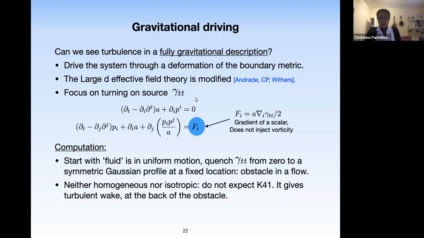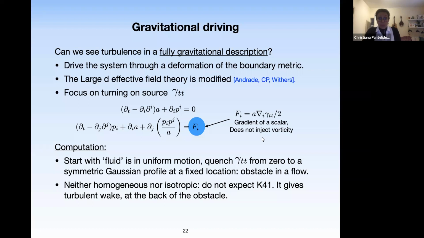So again, there is no forcing for the function A, but there is a forcing for the function P. But now this force is fixed in terms of these boundary sources. We can't change that. And it's given by the gradient of the source, gamma TT. But unfortunately, this is a gradient of a scalar, so it does not inject vorticity. So we cannot just simply go and repeat the calculation that we did on the previous few slides.